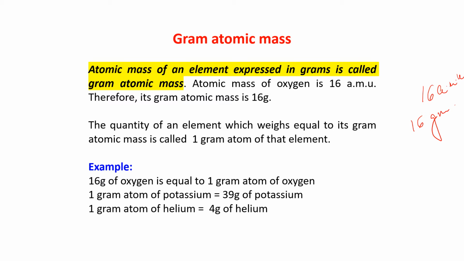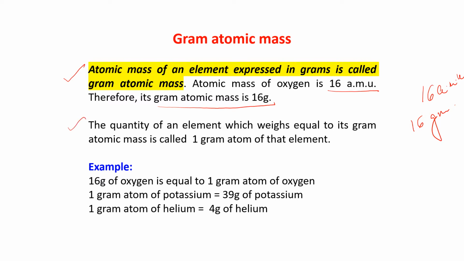Gram atomic mass of oxygen is 16 gram. Let me see what is written here. Atomic mass of an element expressed in gram is called gram atomic mass. Atomic mass of oxygen is 16 AMU. Therefore, its gram atomic mass is 16 gram. Whatever I told you just now.